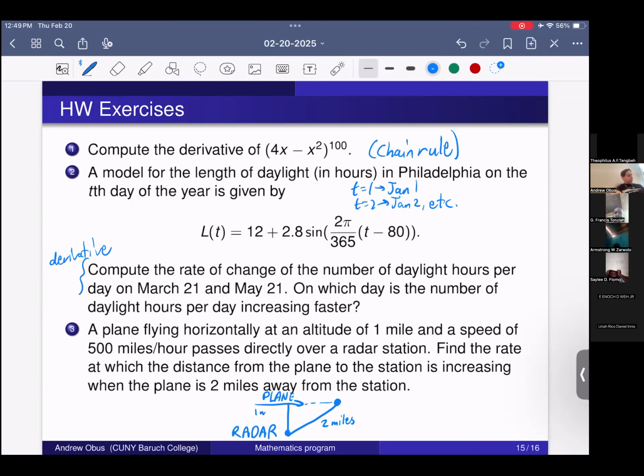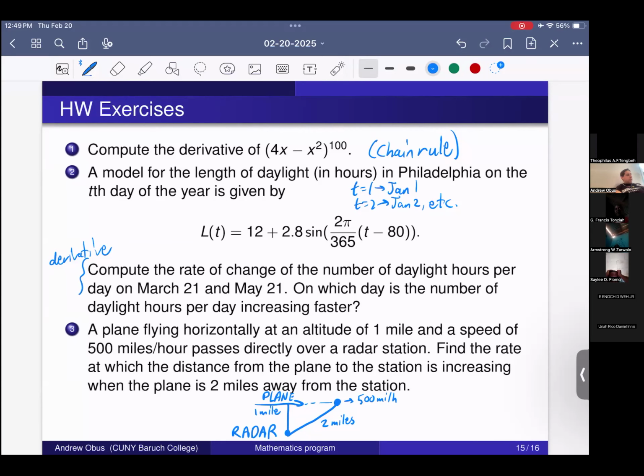So this is 1 mile. And if the plane is going at 500 miles an hour, then how fast is the distance from the radar station increasing? Okay, so it's 2 miles away from the station, and how fast is that going to increase? Okay, so that's a related rates problem to try for homework before our next class.